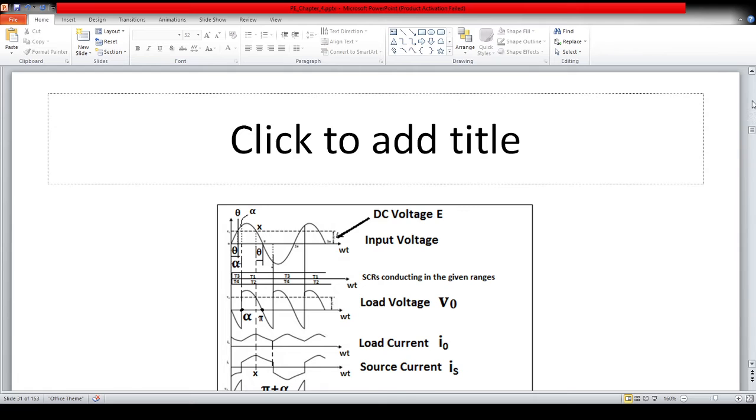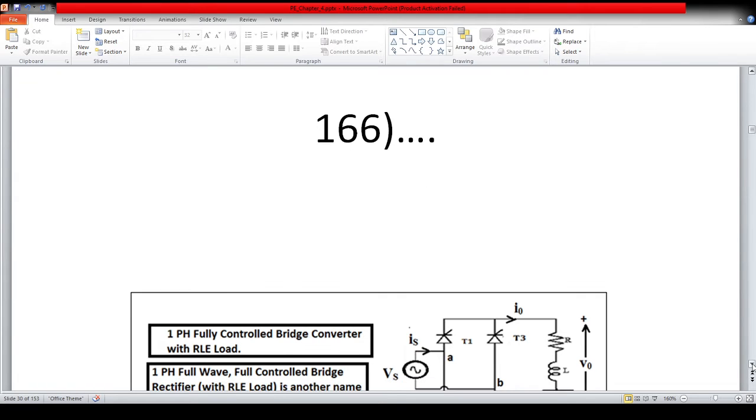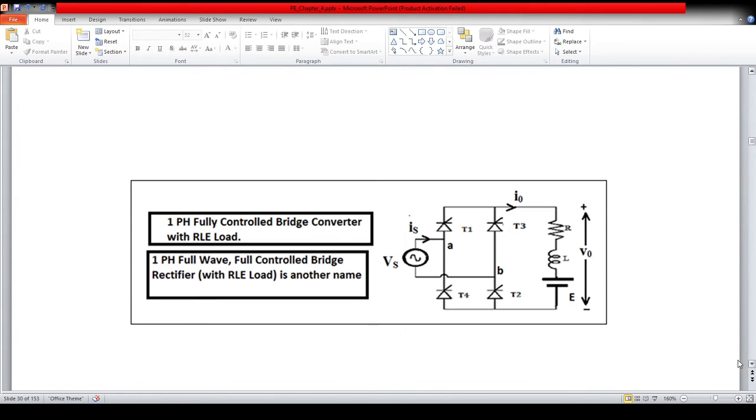At pi plus alpha, when we fire T3 and T4, see, during negative half cycle, this will be positive.